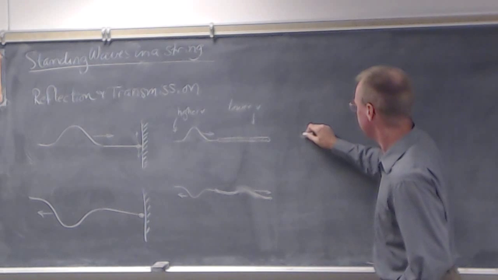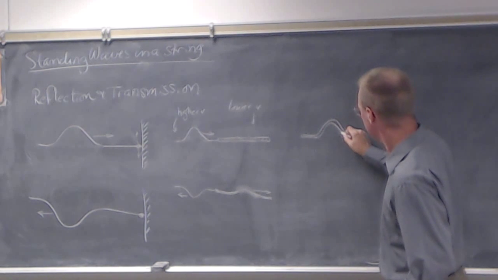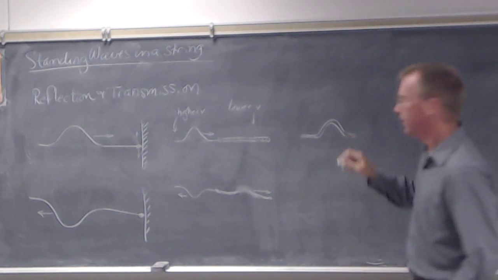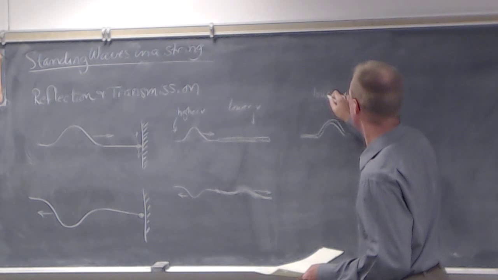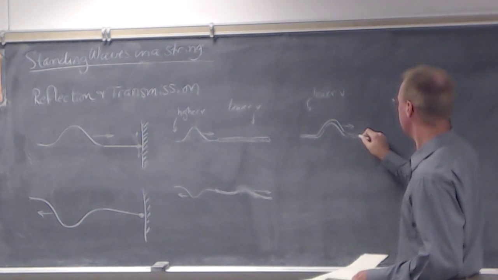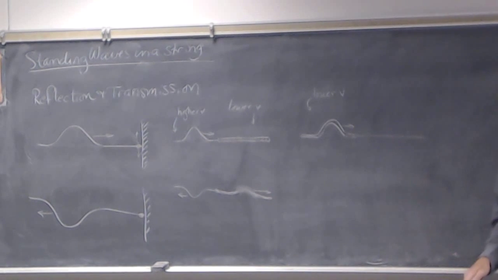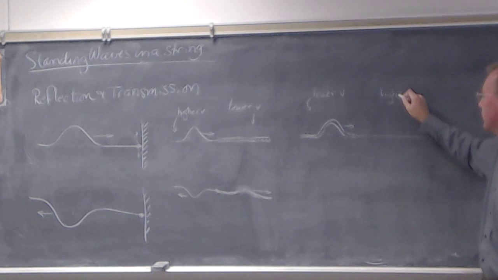What if you start off with the pulse in a heavier rope or one that has a lower velocity, and then let it move into a material with a higher velocity, higher wave speed?